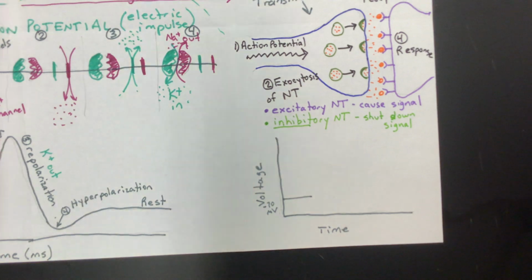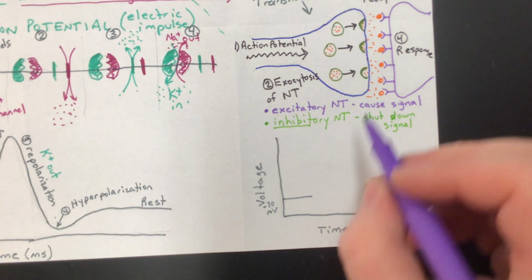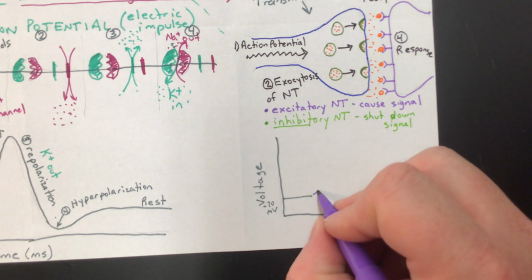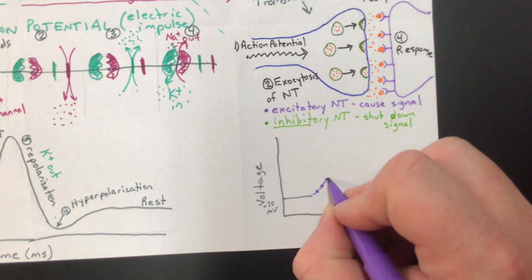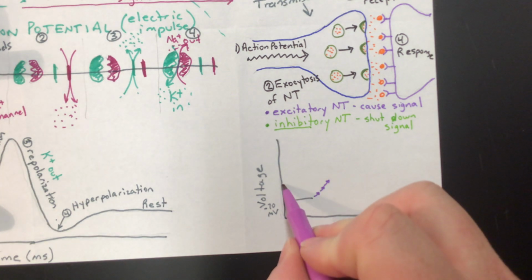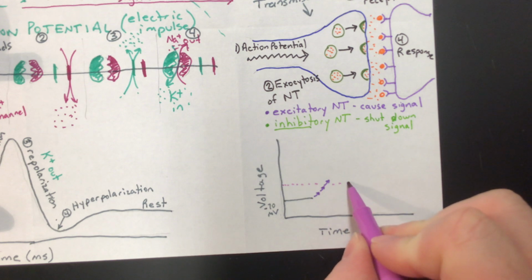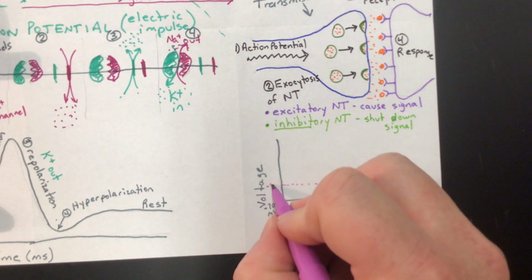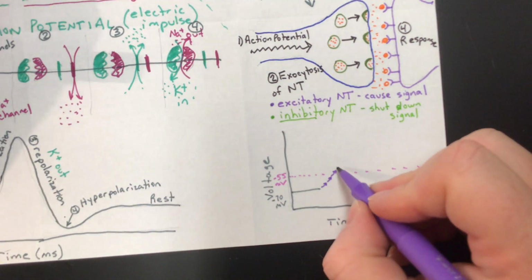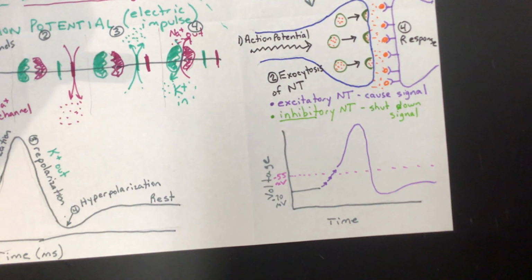And how does that happen? Well, if an excitatory neurotransmitter is used, that increases the voltage of the postsynaptic cell. And once that voltage reaches this level right here of minus 55 millivolts, then you get the whole action potential happen.